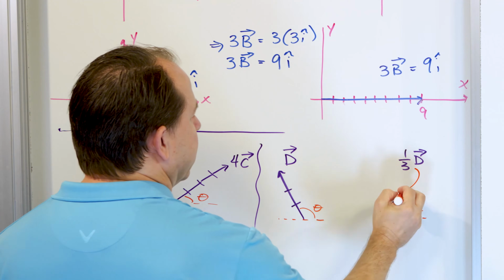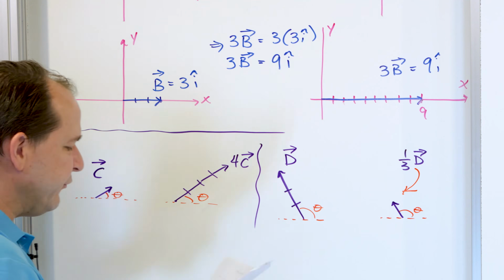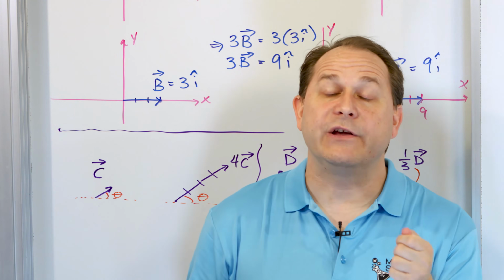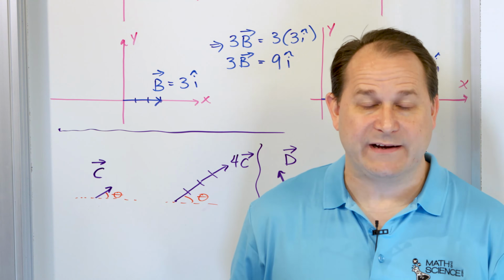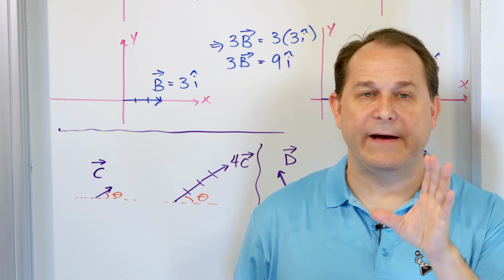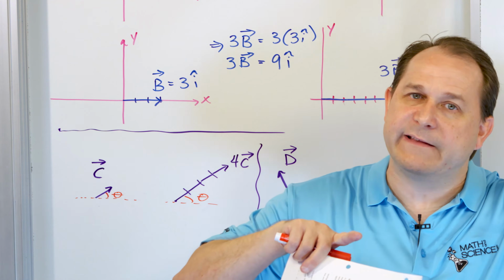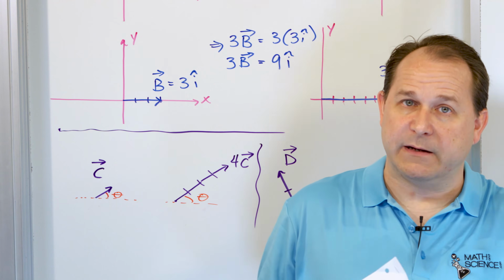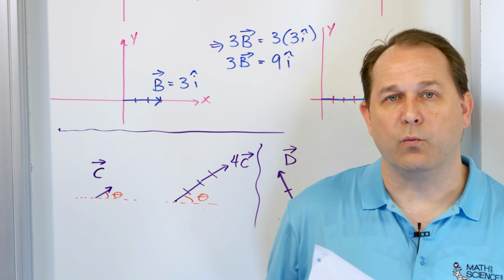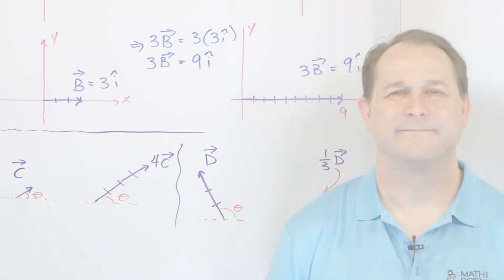So this goes like this. So intuitively, I'm hoping by now that you understand that no matter what the math is doing, physically what is happening, when you multiply a vector by a scalar, you stretch the length of the arrow, maintain the same direction. And if you multiply by a number smaller than 1, instead of bigger than 1, it shrinks the vector.